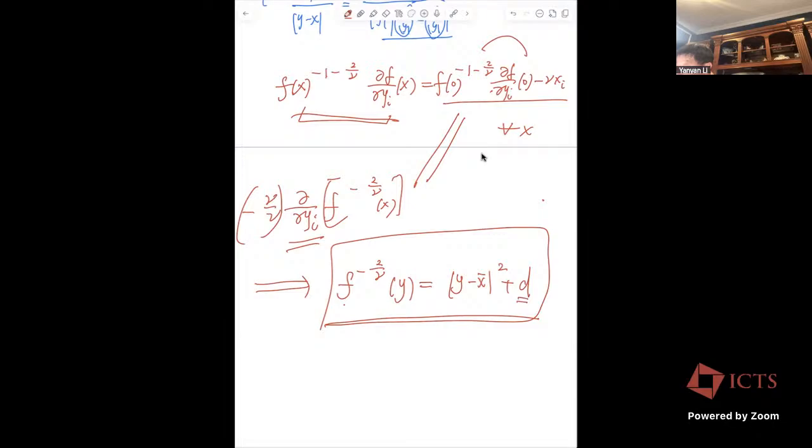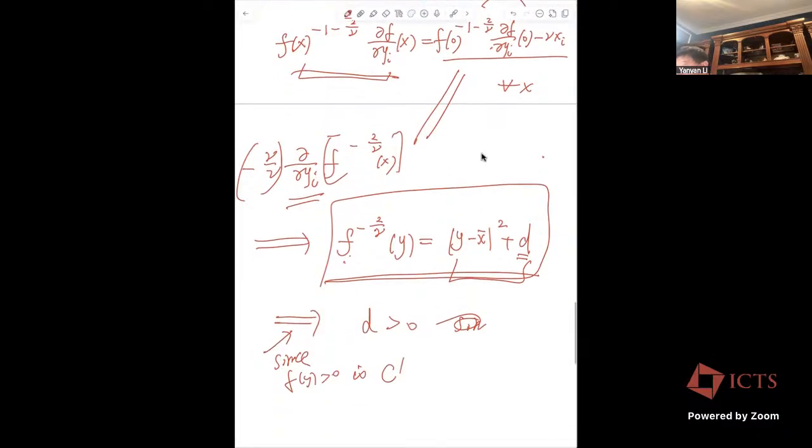Otherwise, this function will have a 0. But f is positive C1, f to the negative power cannot have 0. So this implies d should be positive, since f of y is positive C1.